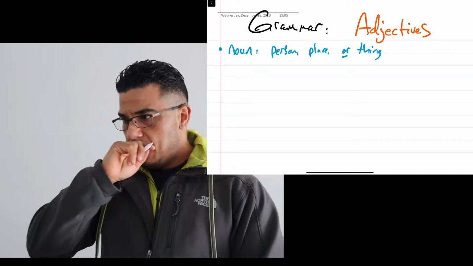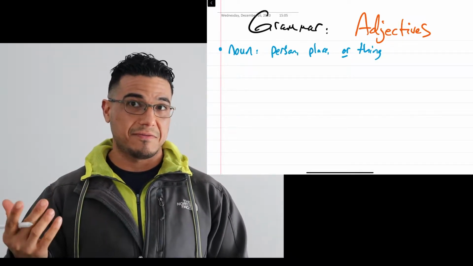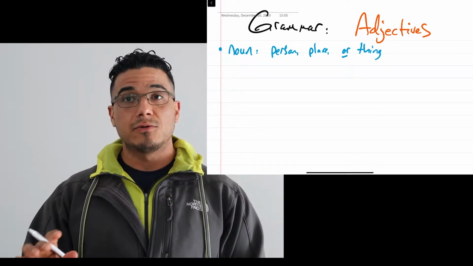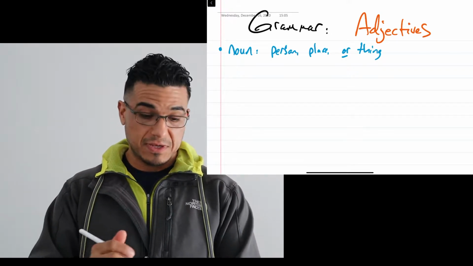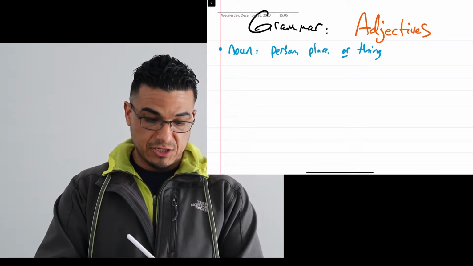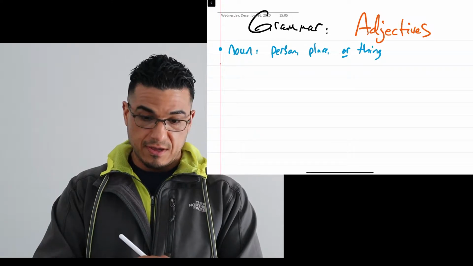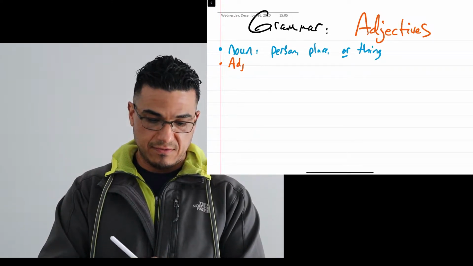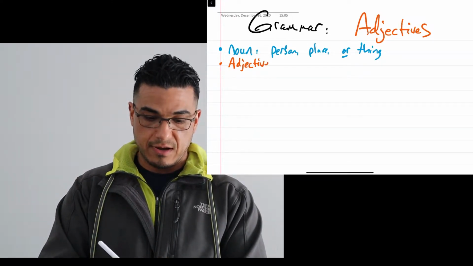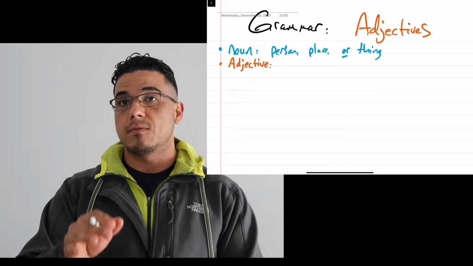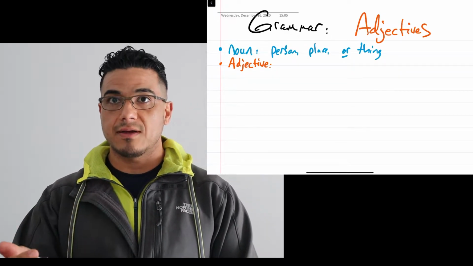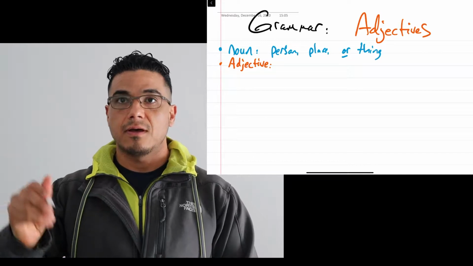Okie dokie. Now that we've defined a noun, we should be able to identify it in a sentence because the function of an adjective, which I am neatly writing on screen, is to modify or describe, in other words, tell you more about a noun.